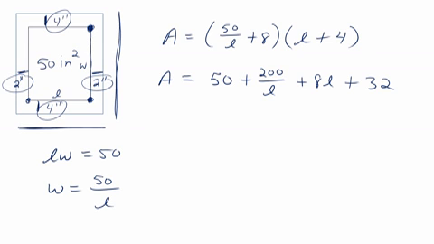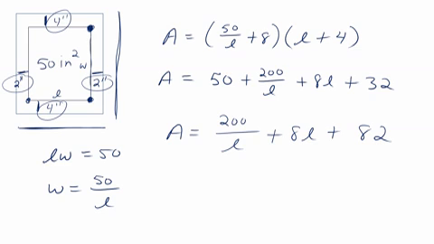Multiplying the quantities together, we get A equals 50 plus 200 over L plus 8L plus 32. Combining like terms, we get A is equal to 200 over L plus 8L plus 32 plus 50, 82.